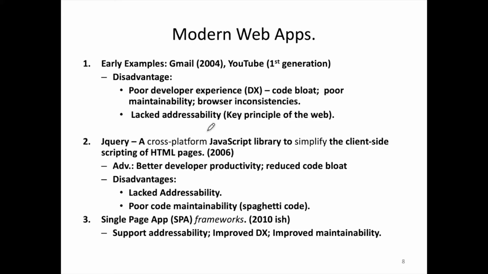It took care of it, really. jQuery is and was phenomenally popular, mainly because it made the whole developer experience for developing these client-side rendering web apps just a little bit more bearable. And as I said, it also handled browser incompatibility. So your client-side rendering web app could now run in any browser, there or thereabouts. We still had issues with code maintainability though, and we still had issues with addressability. They still weren't being dealt with.